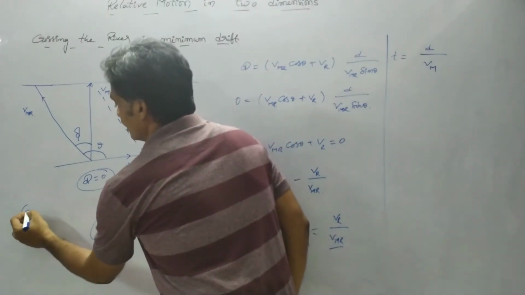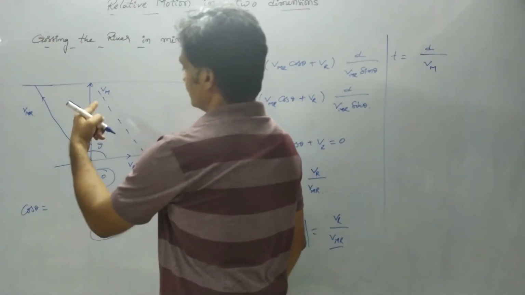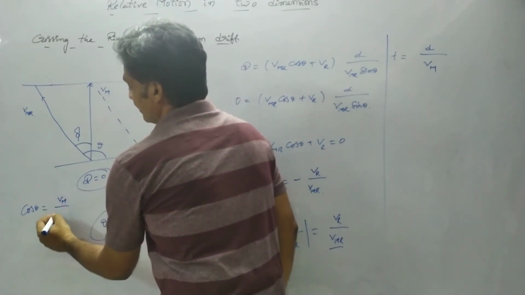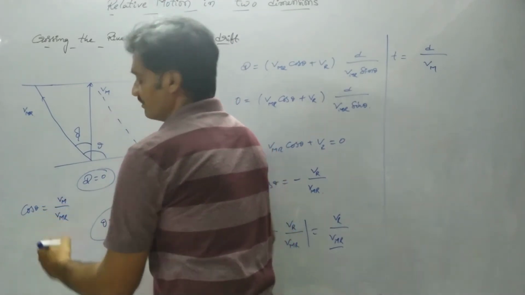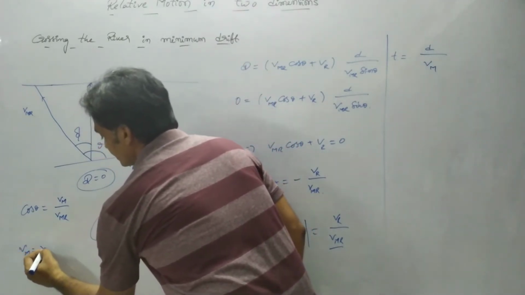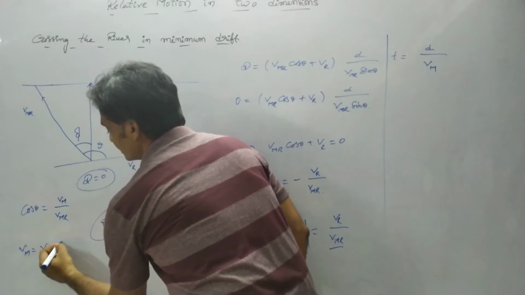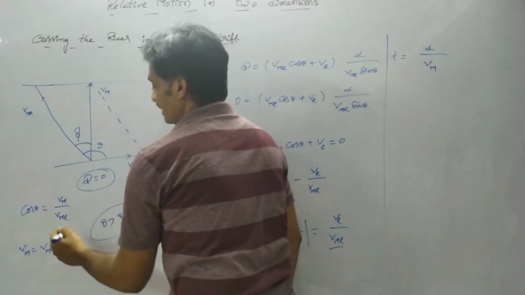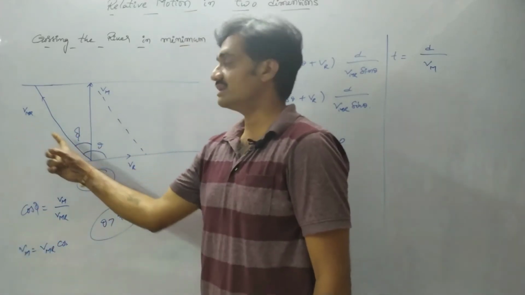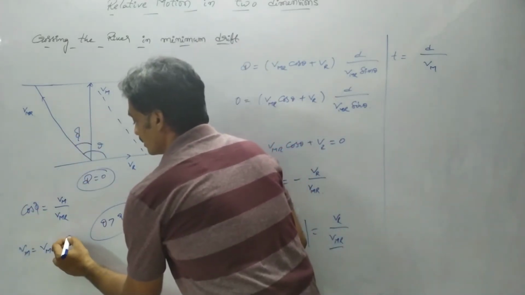Because observe that cos phi equals the adjacent side, v_m by v_mr. Then the velocity of the man with respect to ground is equal to the velocity of the man with respect to river into cos phi. Why? Because the angle made by the velocity of the man with respect to river is phi, so cos phi.